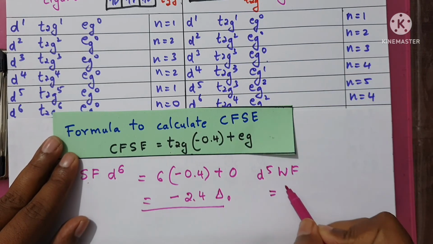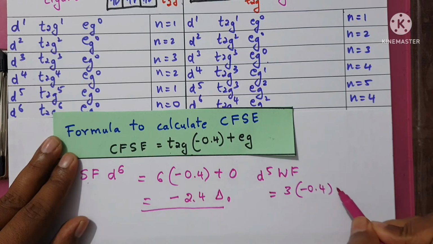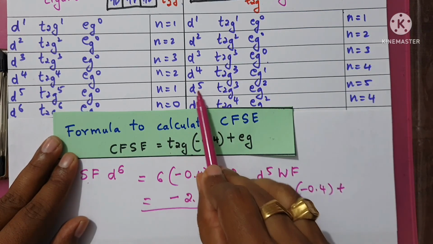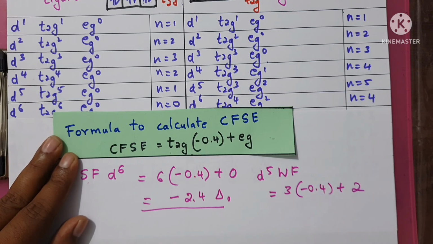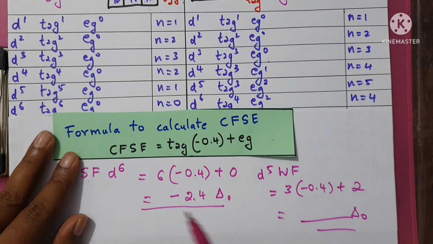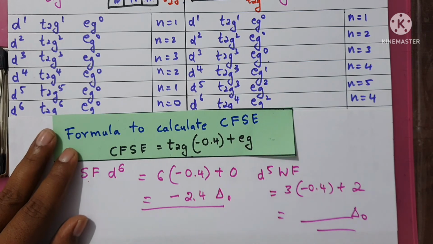So I will take 3 into minus 0.4, that's there in the formula, plus eg. What is eg for d5? Eg for d5 is 2. I'll take 2. So when you simplify this, you will get the answer. So try for some more configurations, children, and calculate the CFSE value, crystal field splitting energy value.